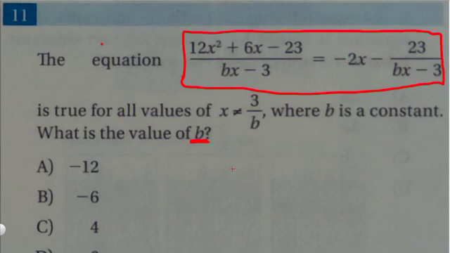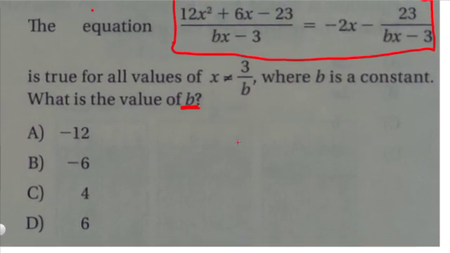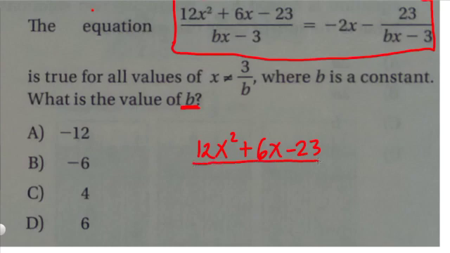And in order for us to do that, we first have to find the common denominator for all of these terms. Let's rewrite it here and solve for b. So we have 12x squared plus 6x minus 23 all over bx minus 3 is equal to negative 2x minus 23 over bx minus 3.